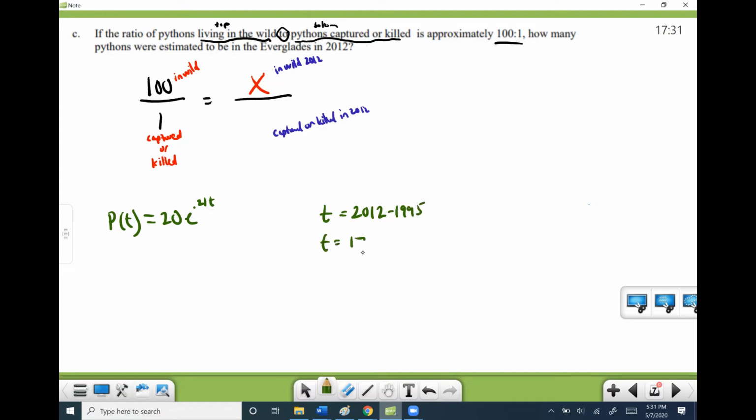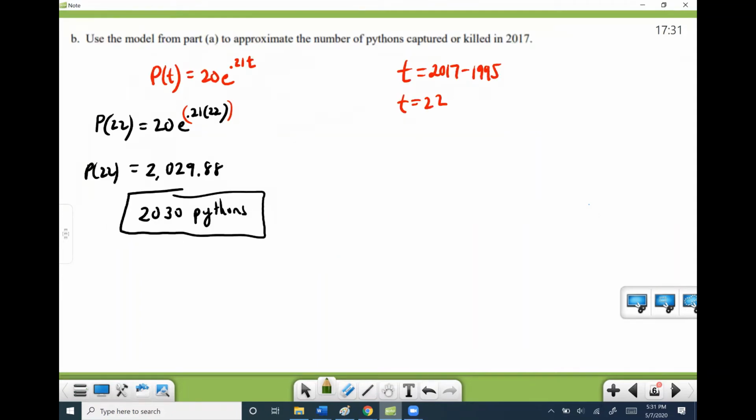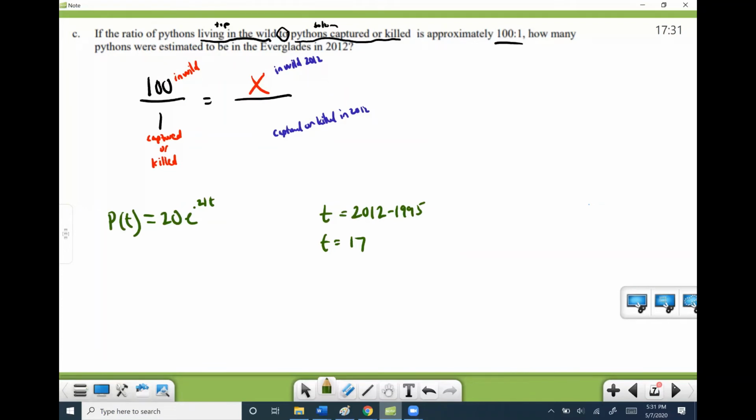So is that 17? Is that what we did before? No, it's not. We did 22 before. Okay, so 17. We're going to plug that in. Let's see what we get. 20 e to the 0.21 times 17. So go ahead and go to your calculators, and let's see what we get on that.